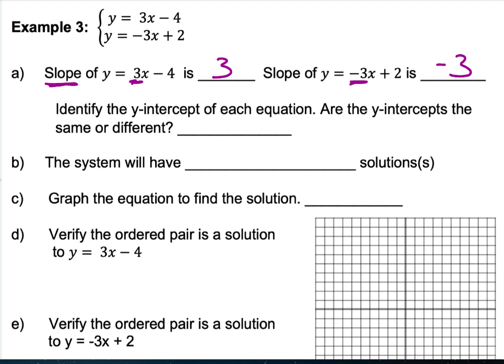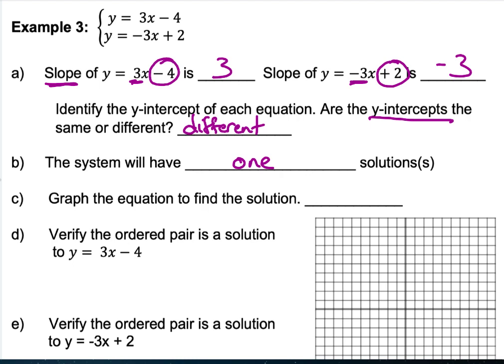The y-intercept is going to be negative 4 and 2. So are the y-intercepts the same or different? They are different. So when the slopes are different and the y-intercepts are different, this is going to have exactly one solution. Okay?